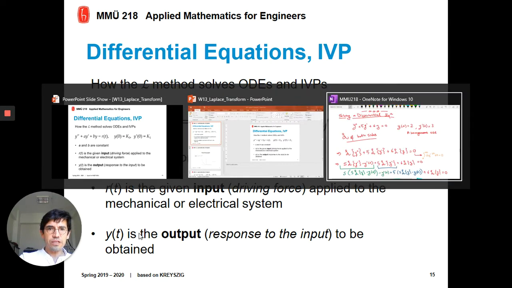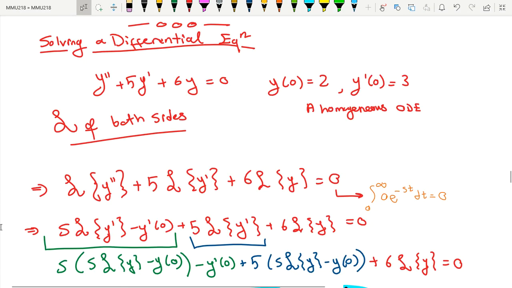So let's move to the notes and have a look at an initial value problem. It's a homogeneous ordinary differential equation, which doesn't have a right hand side, for simplicity in our first example, and y(0) is 2, y prime (0) is 3.